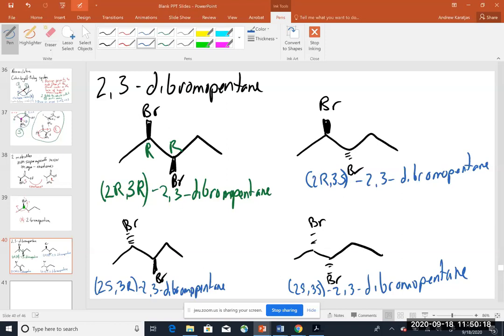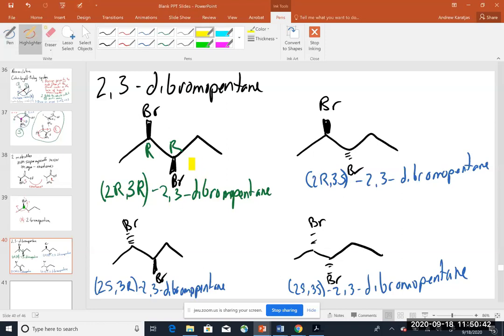Fortunately, that can actually be pretty easy to identify. How do we identify that? Well, we only get mirror images when all of the chiral centers get reversed. So all of the R's become S's, or all of the S's become R's.